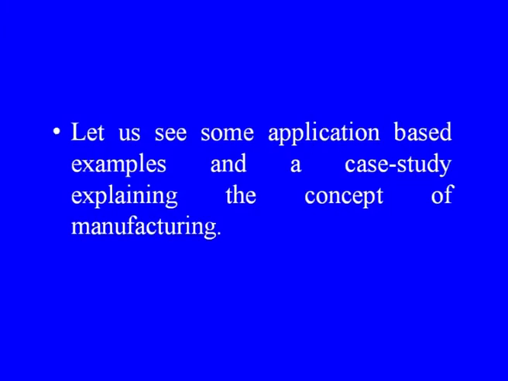In this model, all the activities right from either conceptualizing an innovative idea for a new product or getting customer feedback for an existing product till the manufactured product is made available to the customers are considered. Moving on, let us see some application based examples and a case study explaining the concept of manufacturing.